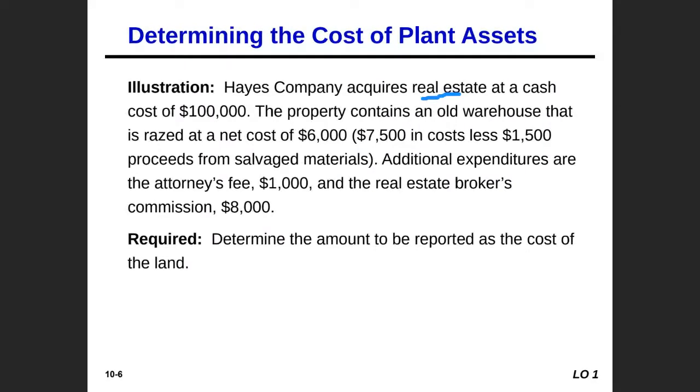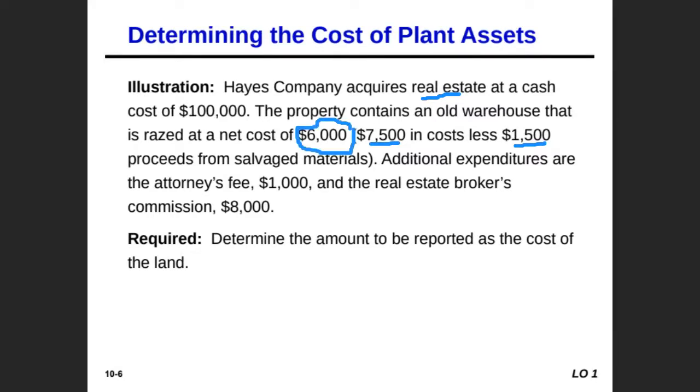So you removed the warehouse at 7,500, and whatever material was recovered from there, you sold for 1,500, which we call salvage material. So 7,500 minus 1,500 is the net cost of removing the warehouse from the property you purchased. Additional expenditures are attorney fees of 1,000 and real estate brokerage of 8,000.